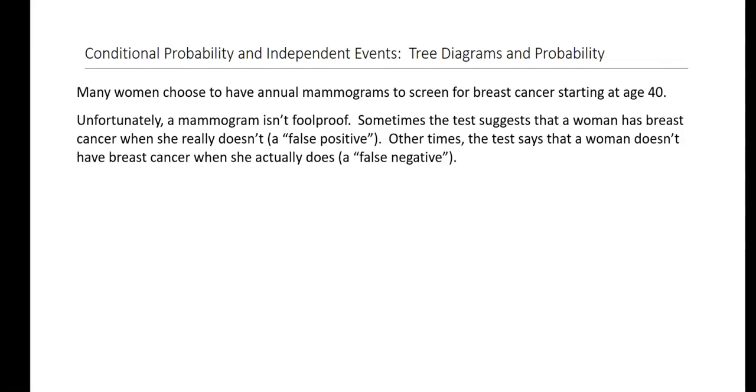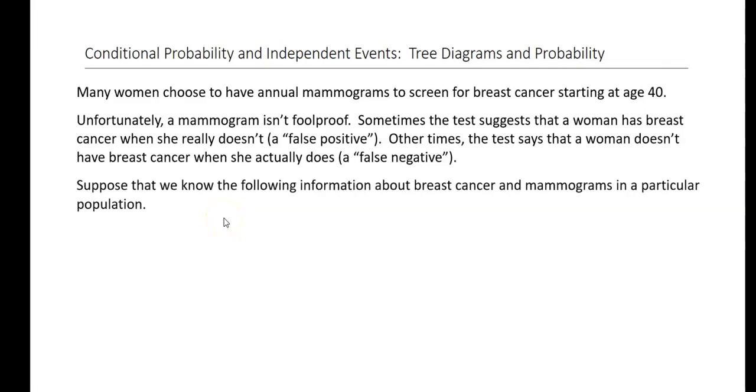If the test says you have breast cancer but you don't, that would be bad. The other is the test says you don't have breast cancer when you do. I think the second one's worse. They're both not great. We don't like either one of those choices.